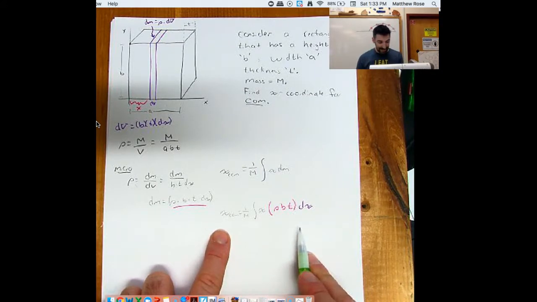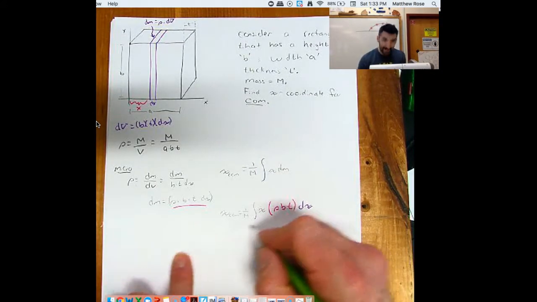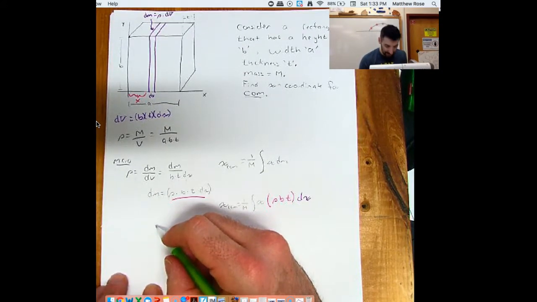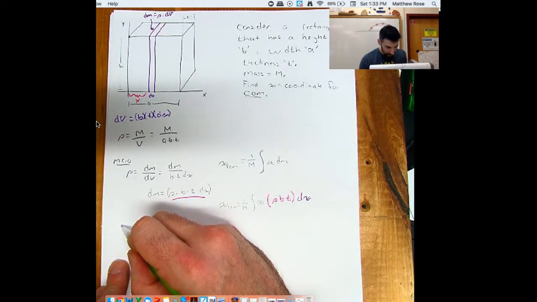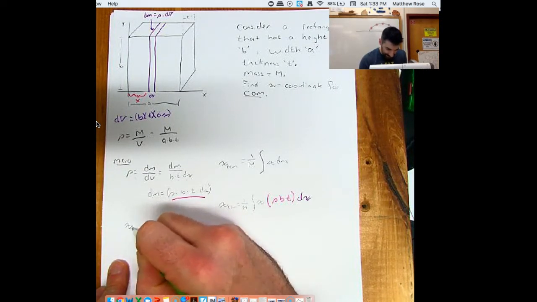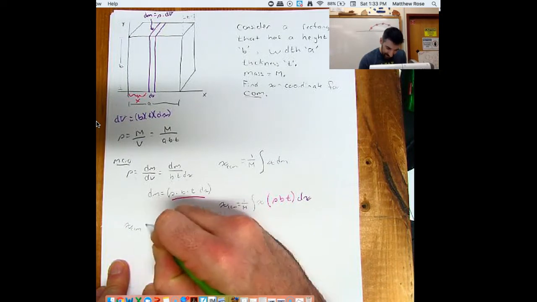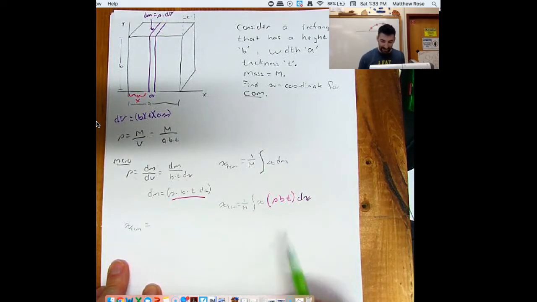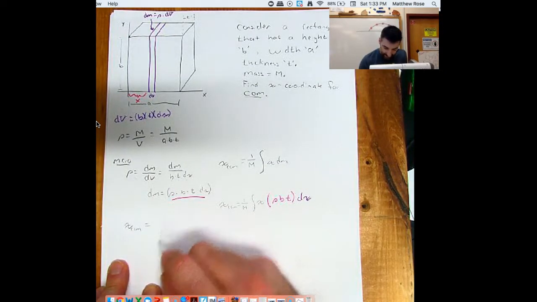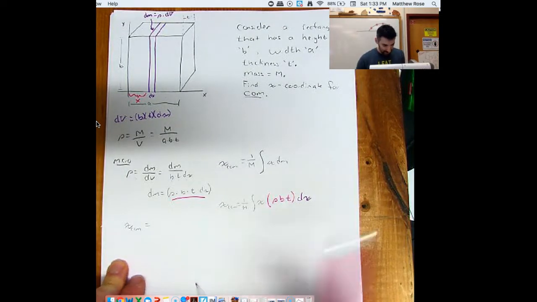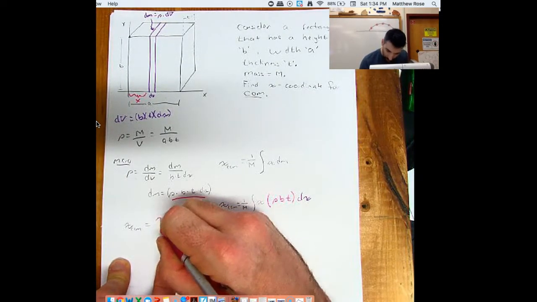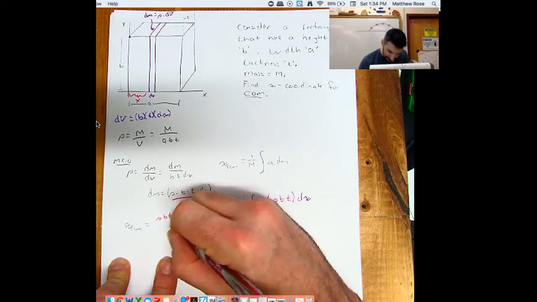So now what is that actually going to look like? Make sure I'm still on camera. X about my center of mass is equal to, I'm going to pull out every constant to make things easy. I'm going to pull out a rho, a b, and a t.